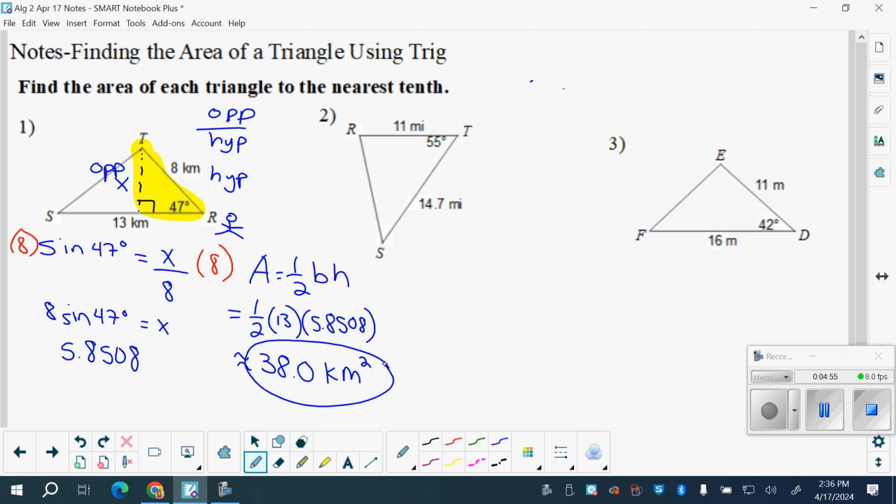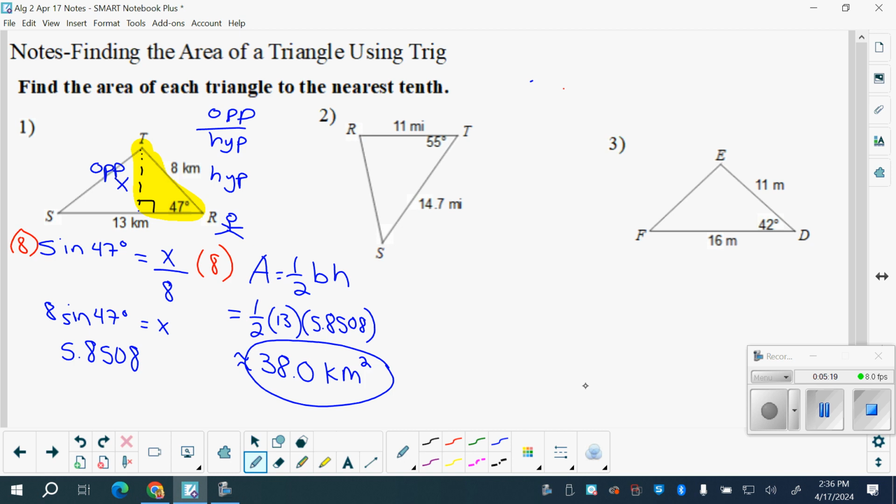Okay, let's do number 2. I can use either this side that's given as my base, or I can use this side that's given as my base. I can't use this side. I mean, I could, I would just have to find a lot more pieces of information. I want to find the least amount possible.